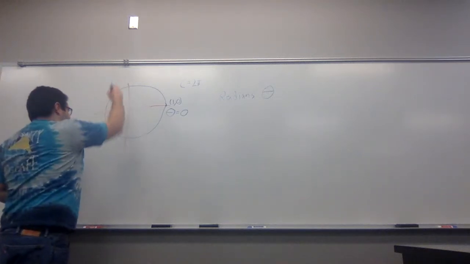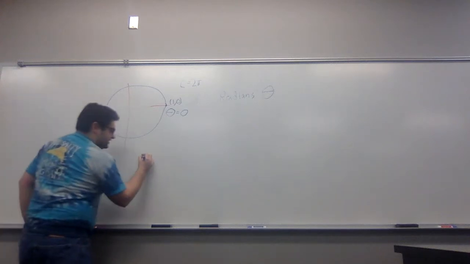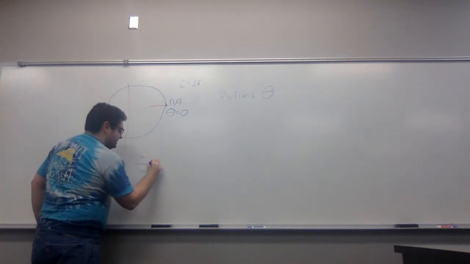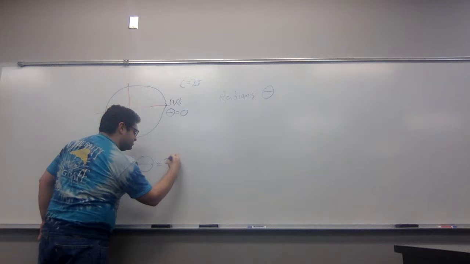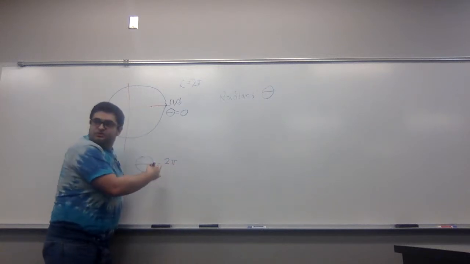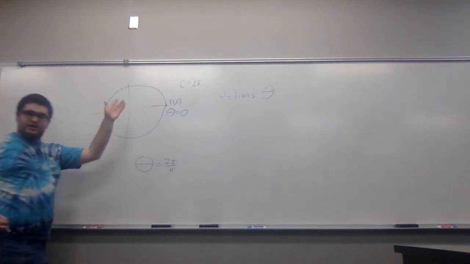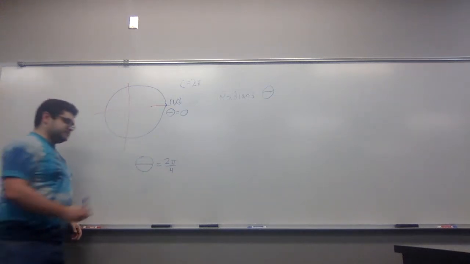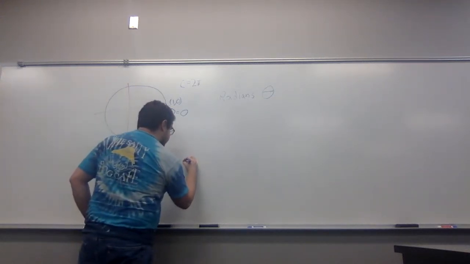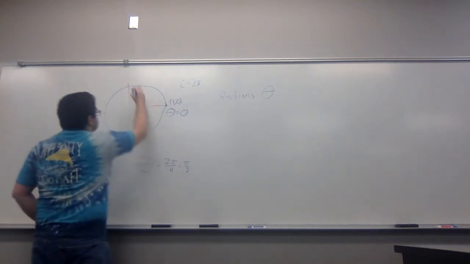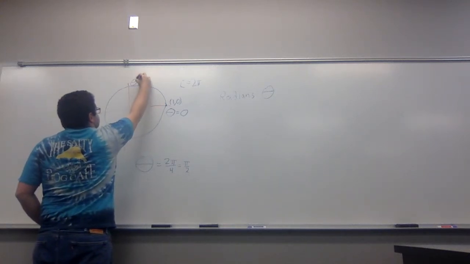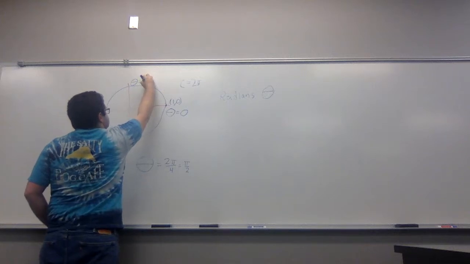The way to figure out how many radians that is, I'll write it down here, is you would take the circumference, which is 2 pi, and divide that by 4 because you're 1/4 of the way around, which you could then simplify to be pi over 2. So up here would be pi over 2.